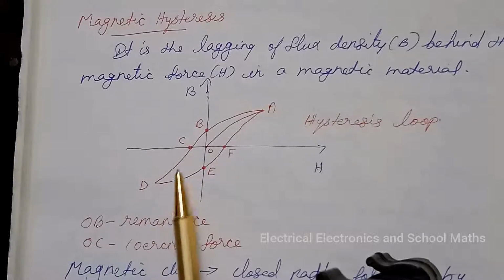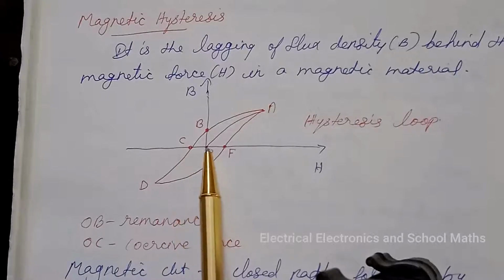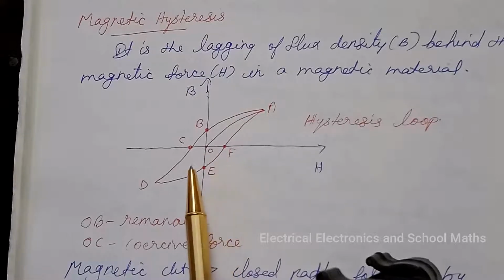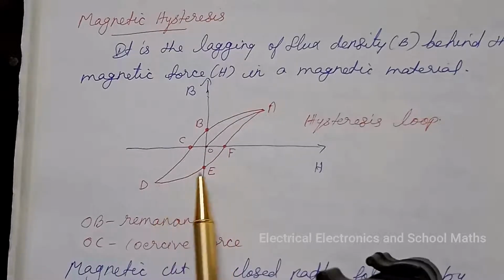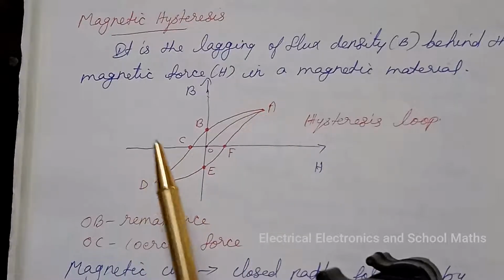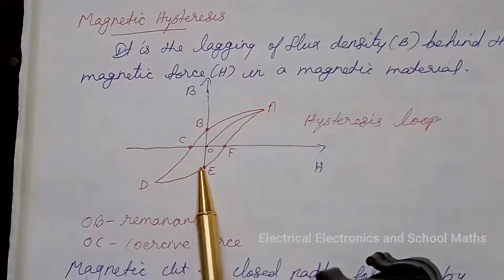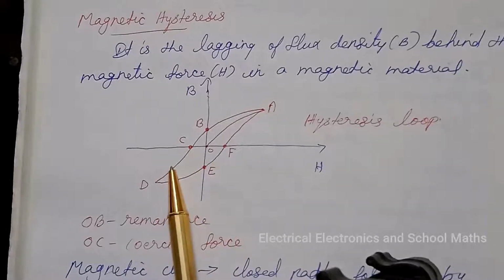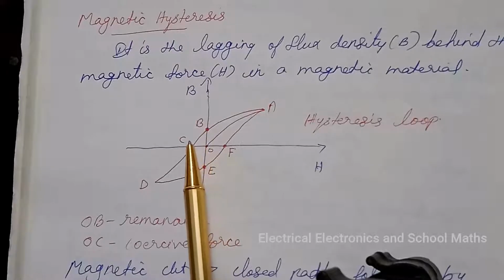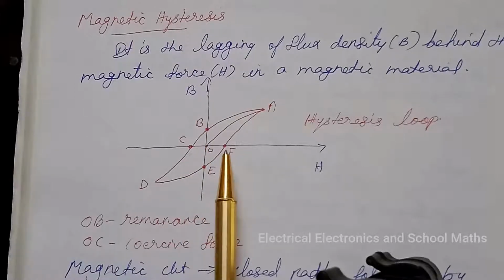Now the gradual decrease of H to 0 and then a build-up in the original direction is described by the curve DEFA. As H is increased and then decreased to its original values, the flux density B does not return to its original value.